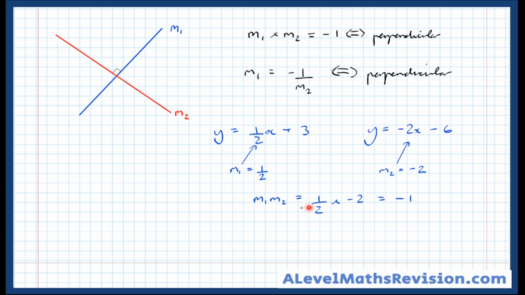They are perpendicular because their product is minus 1. Alternatively, we can say that m1 equals 1/2, which is equal to minus 1 over m2, which is minus 2. It's the negative reciprocal. Again, both of those things would imply that they're perpendicular.